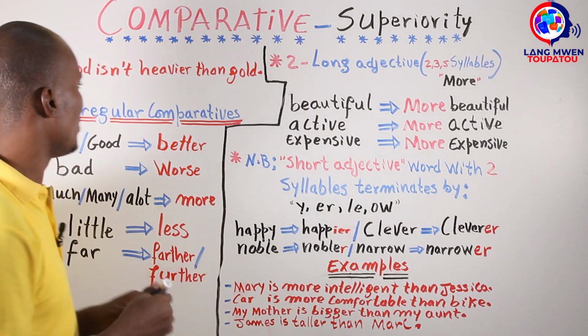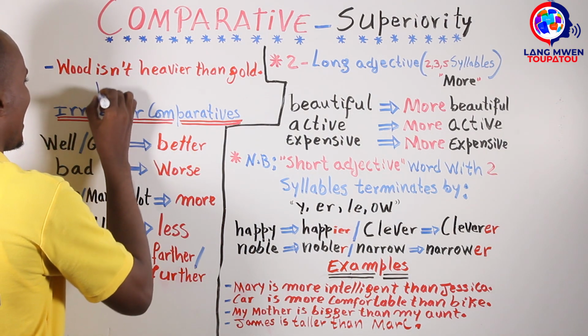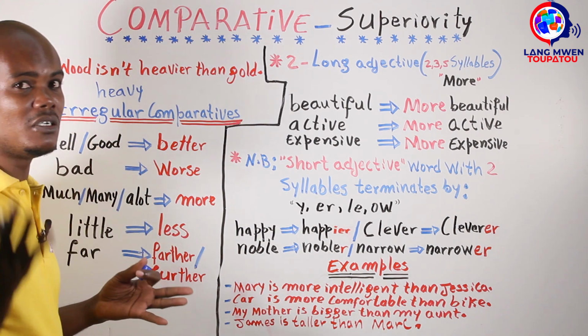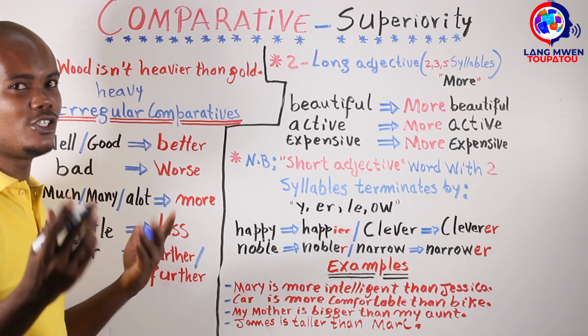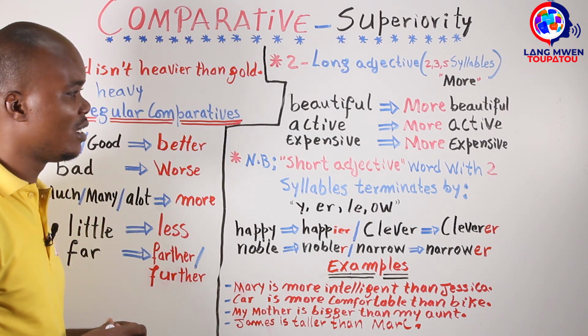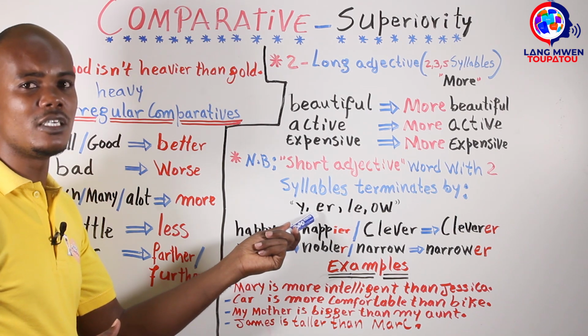Maybe you don't see what I'm talking about. It's heavy. Okay, this is how many syllables? Heavy, 2 syllables. This is a short adjective because it respects these rules.